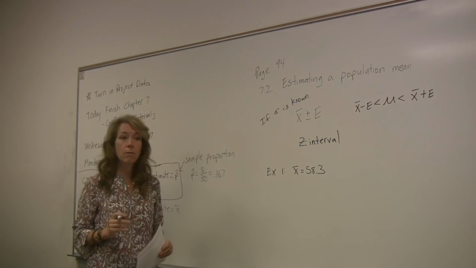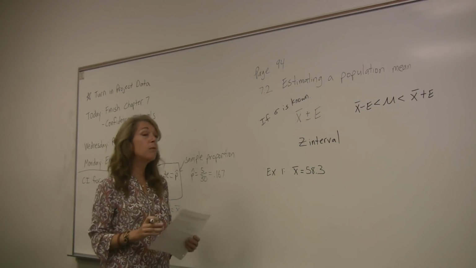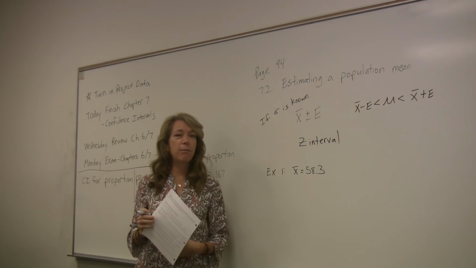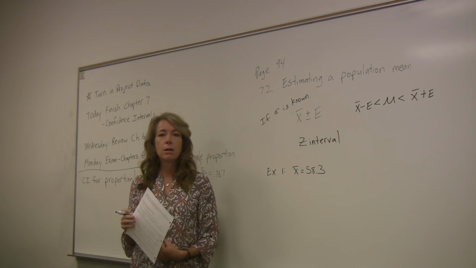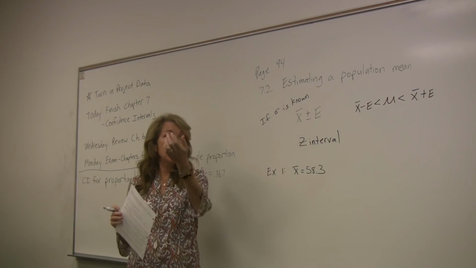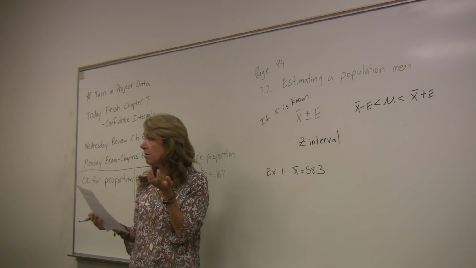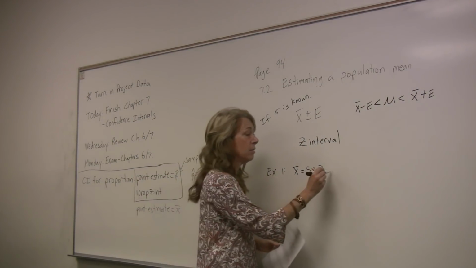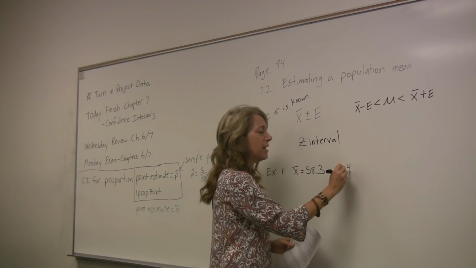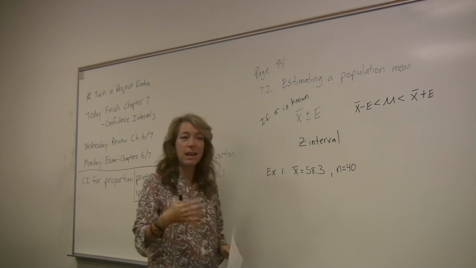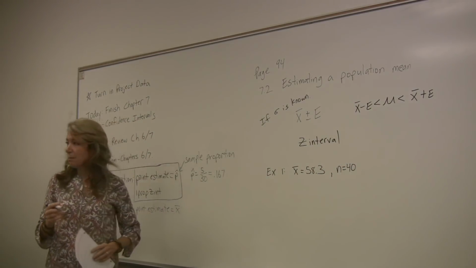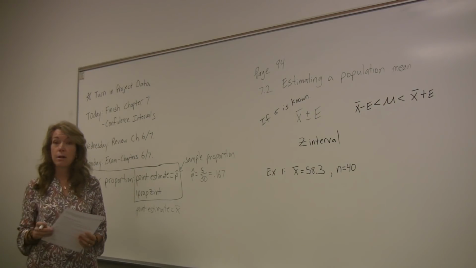Would N be the 60 seconds? N would not be the 60 seconds. What does N represent in words? The sample size, the number of students in this case. So how many students were there? 40. So that'd be your N. The 60 seconds is what we were trying to get them to estimate. That's actually extra information. But there were 40 students that were sampled.